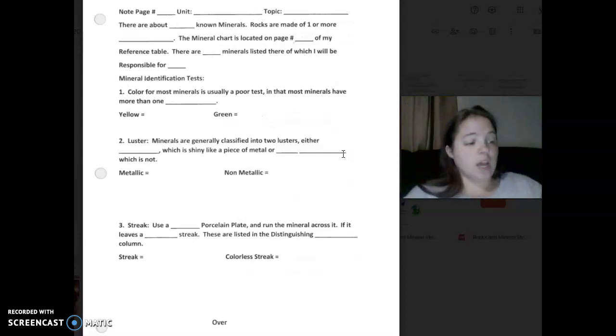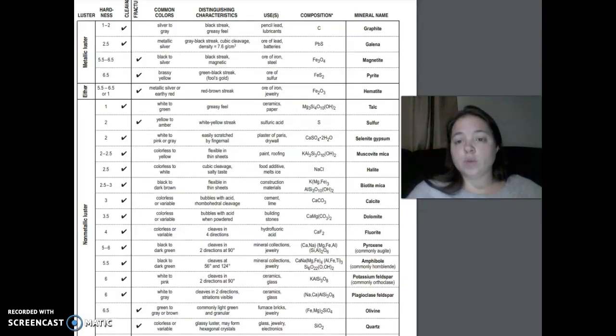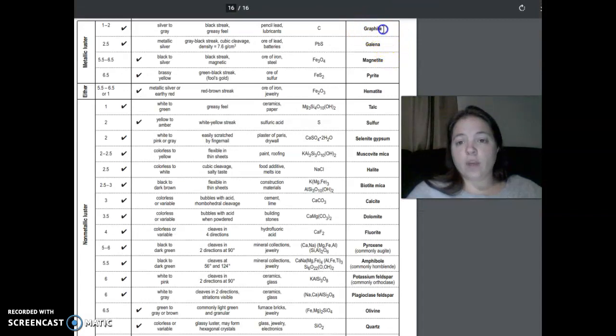The only two metallic we have are graphite and galena. So graphite right here and galena right there. Those two are metallic, whereas talc, sulfur, selenite, gypsum, halite, biotite mica, calcite, potassium feldspar, and olivine, those are all non-metals or non-metallic.